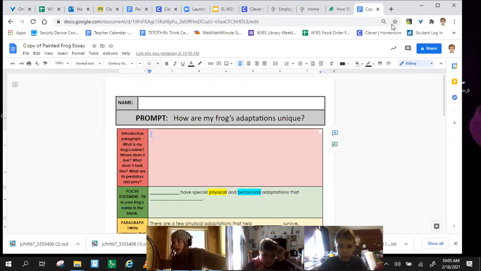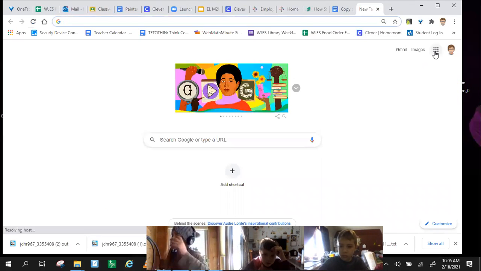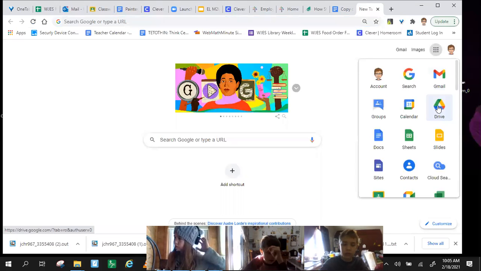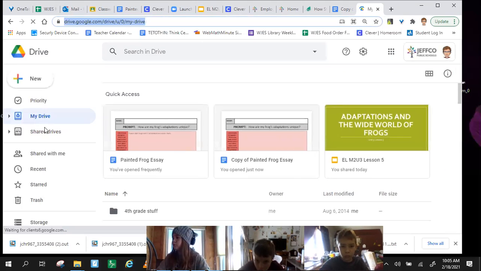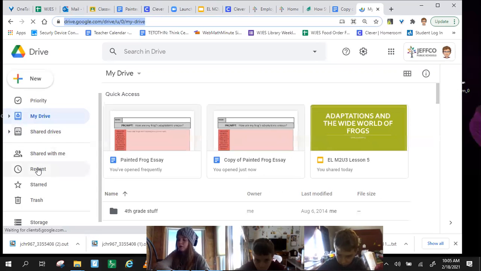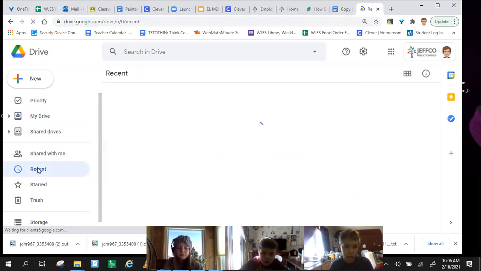So another way you can get to it, my friend, is to go to your waffle and say, if you look here, if you say drive, Logan, are you watching? If I click on drive, another way to get to it is if you click on recent, see it's over here on the left. And then it should show you under recent.